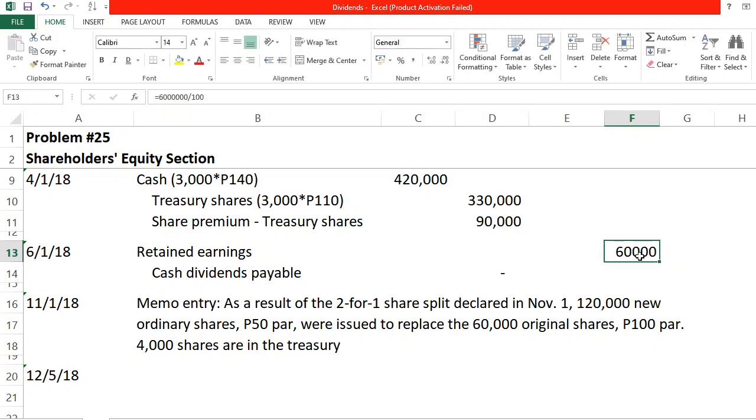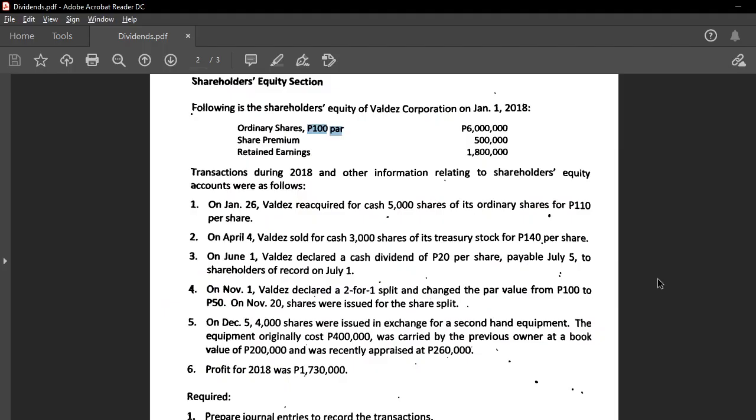So currently at the beginning of the year we have 60,000 shares issued and outstanding, because there is no treasury at the beginning of the year. So we have 60,000 issued and outstanding minus 5,000, so we only have 55,000 outstanding. But 3,000 were reissued or resold, so plus 3,000, and that would be 58,000 shares outstanding. 60,000 shares issued but only 58,000 outstanding.